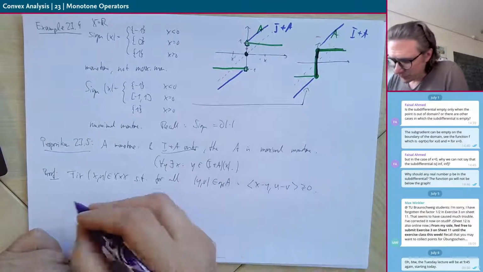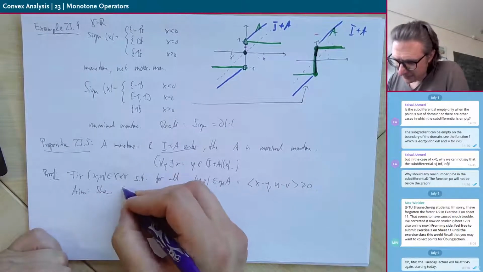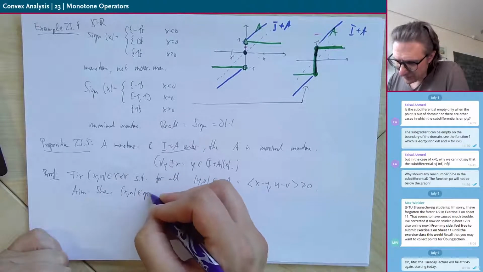So what we need to show, our aim, is to show that x, u is also in the graph of A.